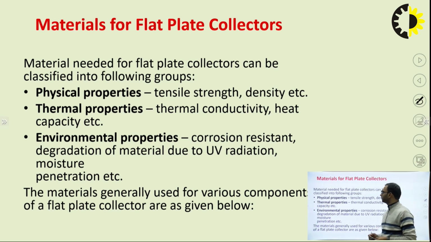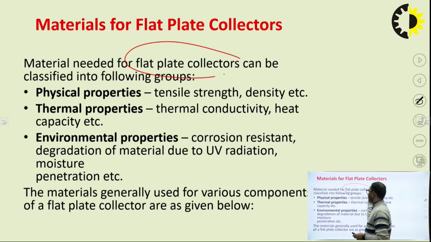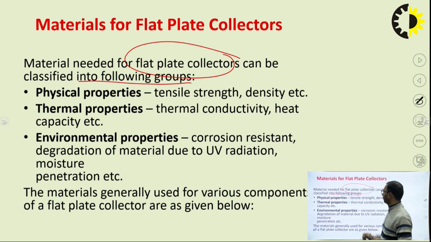Now, I will discuss what are the materials needed for flat plate collectors. So, the materials needed for flat plate collectors are classified into following groups. The first one is physical property, then thermal property, then environmental property. Means the material for flat plate collectors should have physical properties, thermal properties as well as environmental properties.